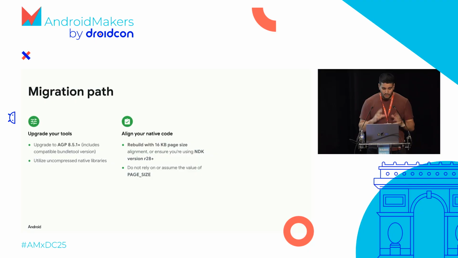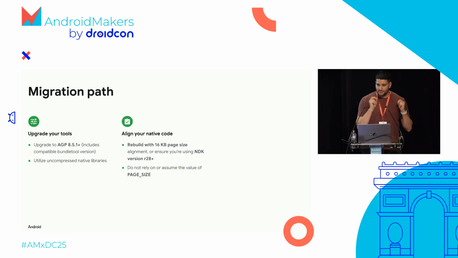But here, to benefit from that and to have the right compilation tool available, make sure you update to that version at least. You also have to align your native code. Any of your native code that assumes you only have a 4 KB page size in memory, you have to modify and use the runtime function. Otherwise, you will have potential troubles whenever you launch or compile your app.